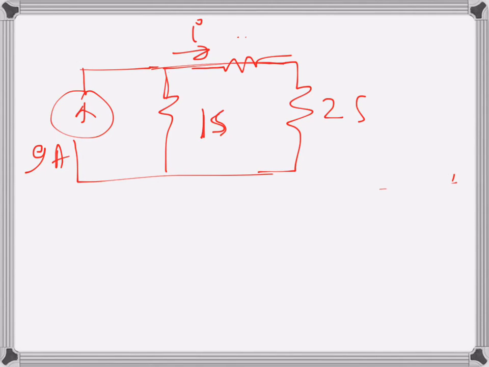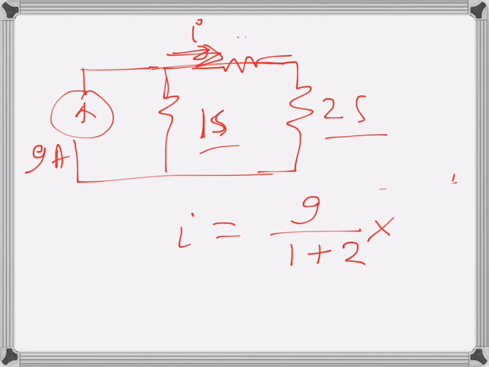So we have two parallel paths and we need to find just the current here using the current divider rule. The current I will be 9 over. Now since these are not resistances, these are conductances, the rule will be a bit different. The denominator is the same, the addition of the two conductances, but when I multiply, I am calculating this current and I will multiply by the same branch's conductance.